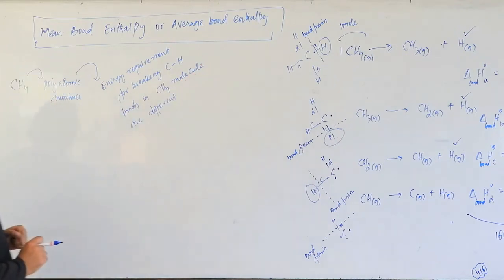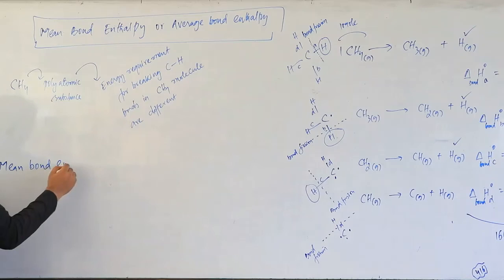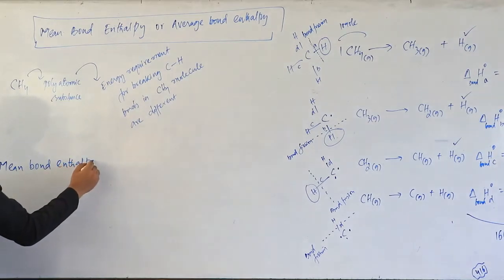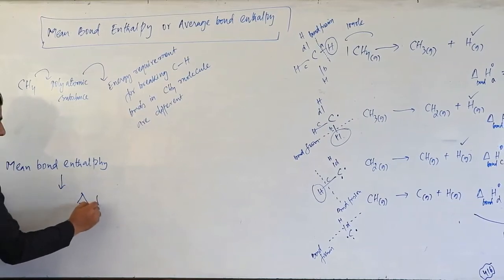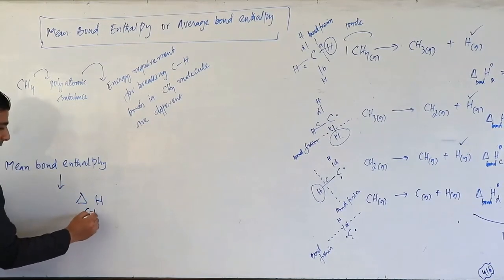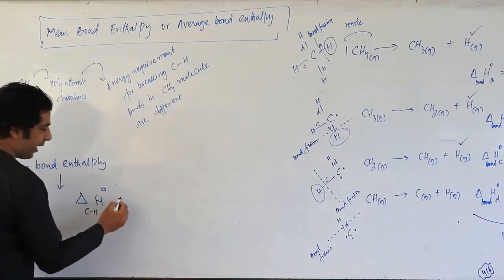So can I take now the mean bond enthalpy? I want to calculate the average value for breaking a C-H bond. So how can I do it?